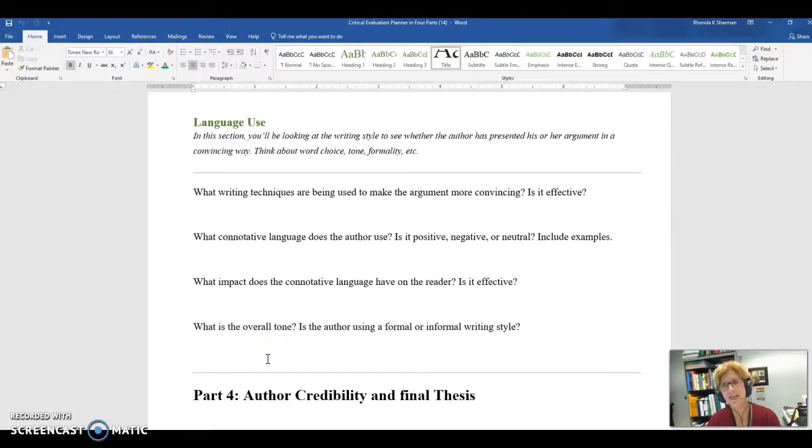This would be the feeling or attitude that comes through by the word choices that are made. So this should be some kind of an adjective, a descriptive word. Is the tone pleading, angry, friendly, academic? What kind of feeling comes across in this article?